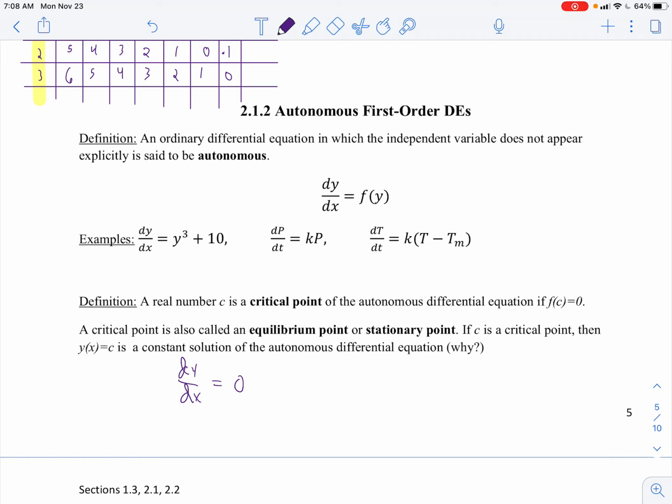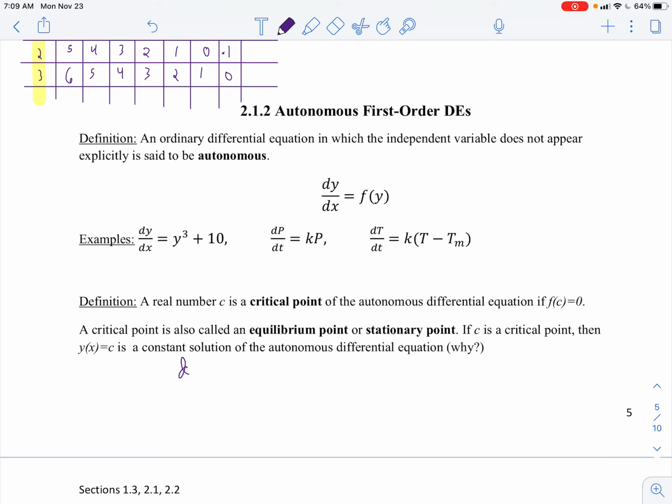Then you can take this to separable equations, which we're going to talk about in the next section, tomorrow. When we try to find a solution to this, we're going to get y equal to just some constant. What's happening at that point is that our differential equation is going to be tending towards one of those critical points, and that's why it's called an equilibrium point.